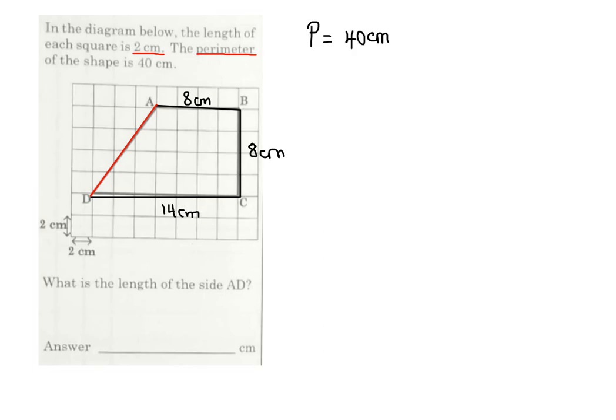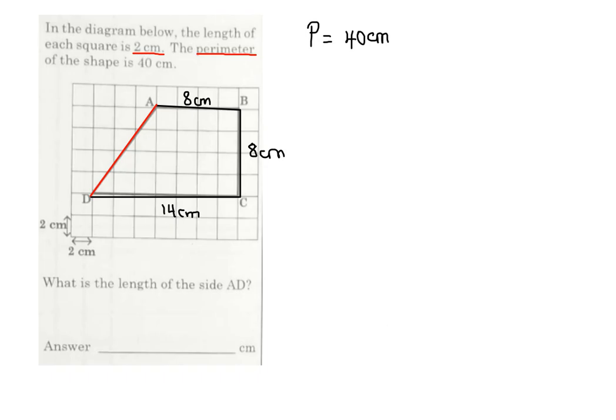The pathway would cover the perimeter of the shape. So if I ask you to calculate the perimeter of a shape, I'm telling you, tell me what is the distance around the shape. So the distance around the shape would mean finding the sum of all 4 sides of the shape.